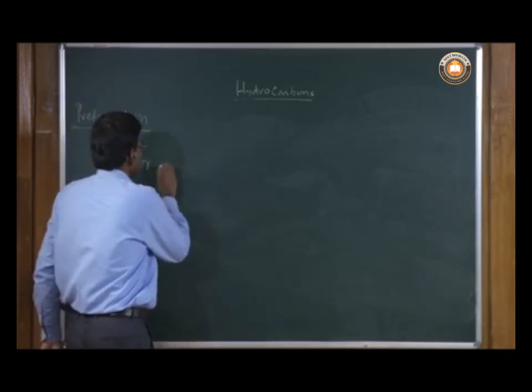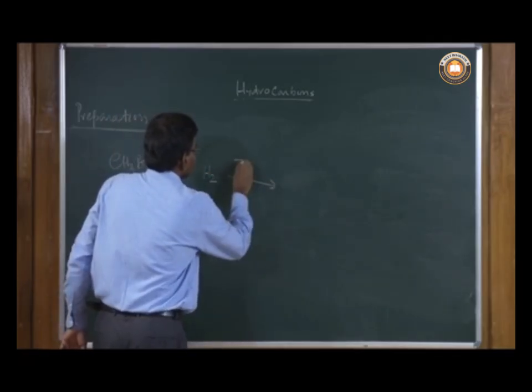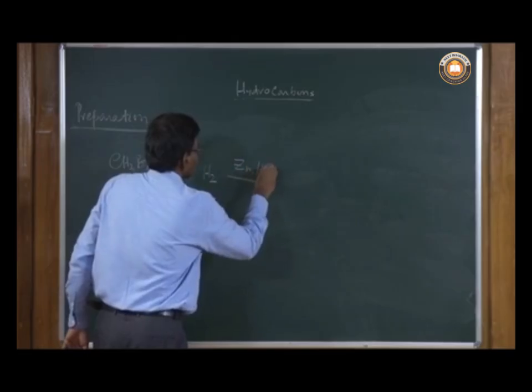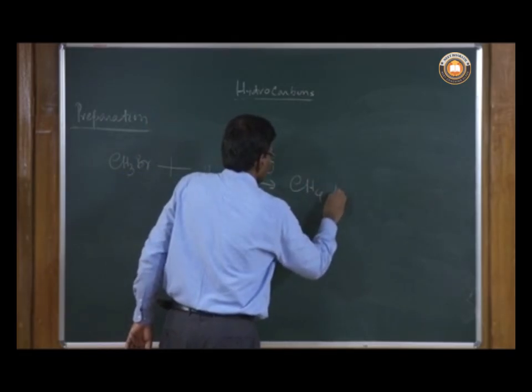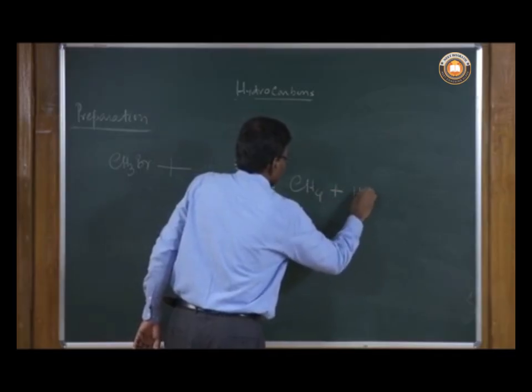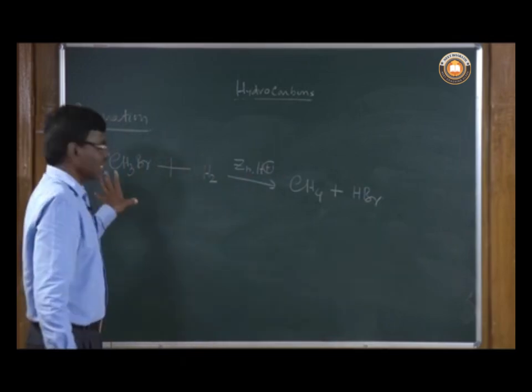When you treat bromomethane with zinc and HCl, it can be reduced into methane and HBr. So, this is a reduction reaction.